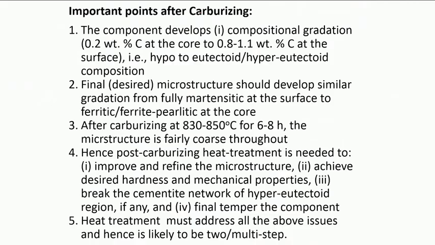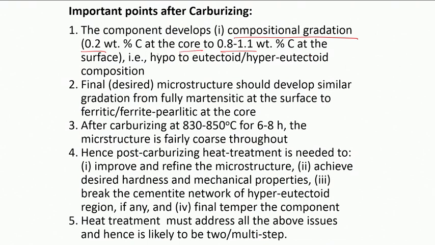We need to take a look and review the situation as to what happens after carburizing. What is the state after carburizing? First thing we realize is that we have developed a compositional gradation, which can easily be from 0.2 weight percent to about 0.8, even 1.1 weight percent of carbon at the surface.